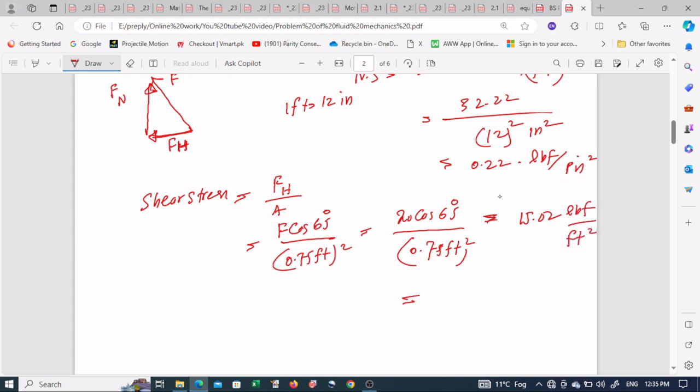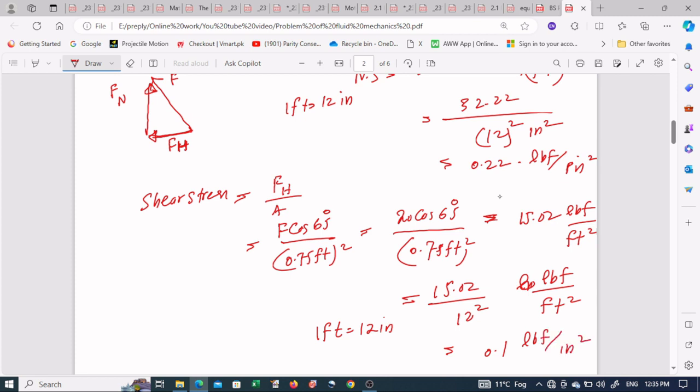In order to convert this 15.02 into inches, we just divide by 12 square, because 1 feet is equal to 12 inches. So if there is feet square, we use 12 square. So we get the answer 0.1 pound per inches square. Okay, this is the shear stress.